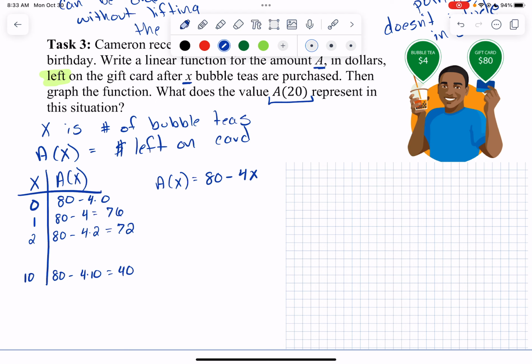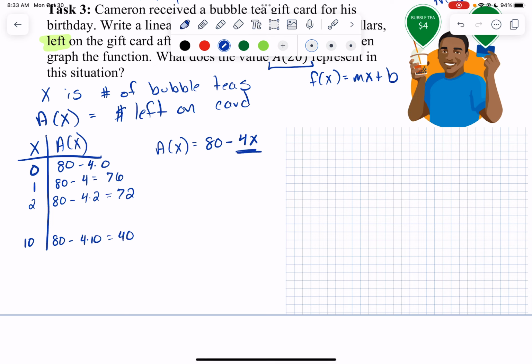Now, this doesn't really look like a linear function, because my linear function notation is f of x equals mx plus b. So I'm going to rewrite this as negative 4x plus 80.